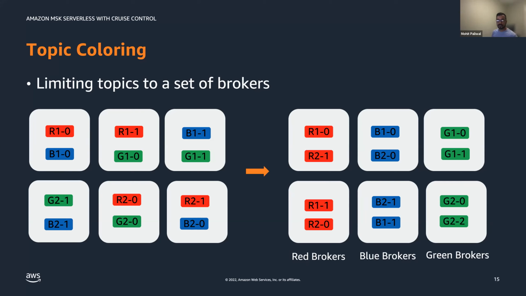So think of it as splitting your cluster into multiple subclusters. Let's call these subclusters a set of brokers, or broker sets, right? The motive here is to bring red topics to red brokers, blue topics to blue brokers, green topics to green brokers, right? And you would ask, why do this?